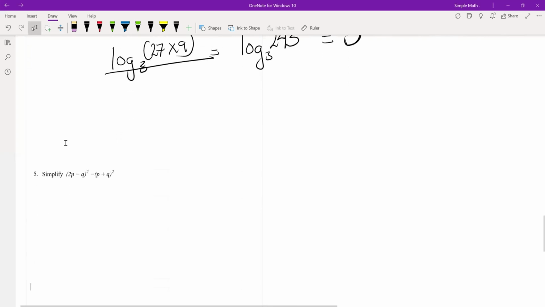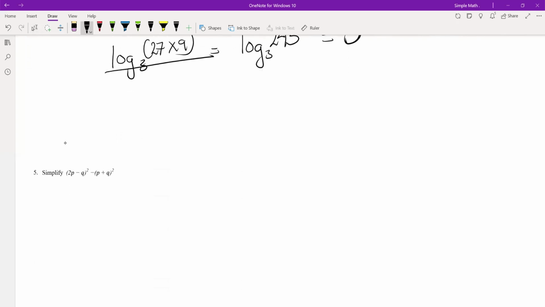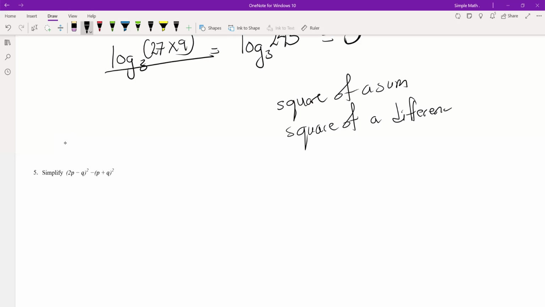So there are two ways you can apply this: the square of a sum and the square of a difference, or you can simply expand it the way you want. Now we know that a minus b squared is equal to a squared minus 2ab plus b squared.